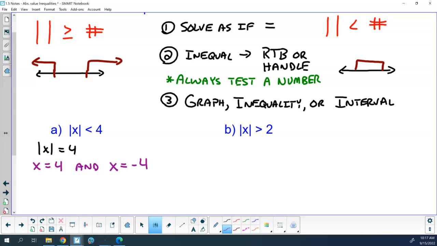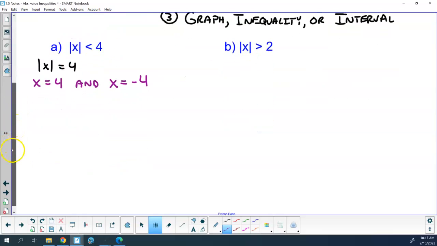Agreed? Okay. Now we're in step number 2, and I forgot that greater than is a row the boat, less than is a handle. I just forgot. It happened. I'm old.